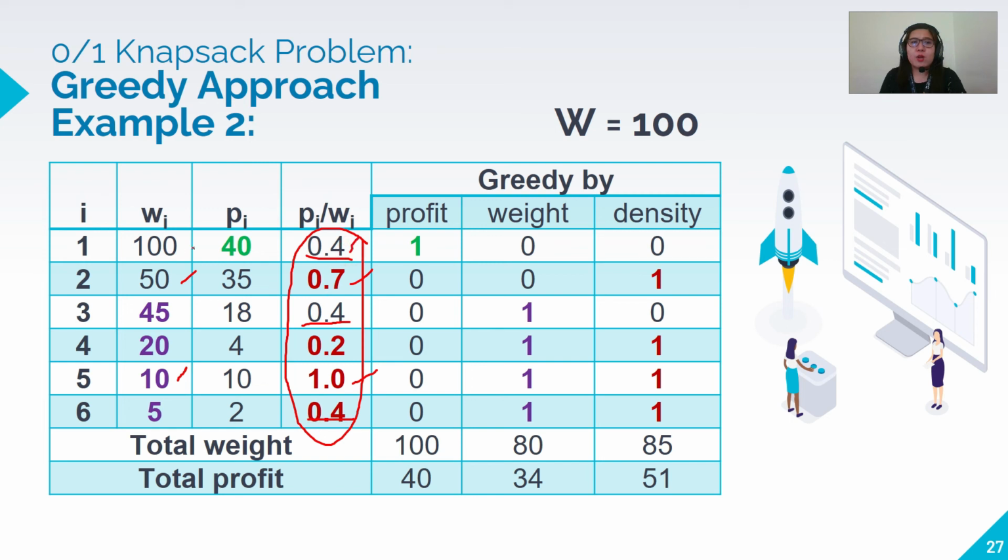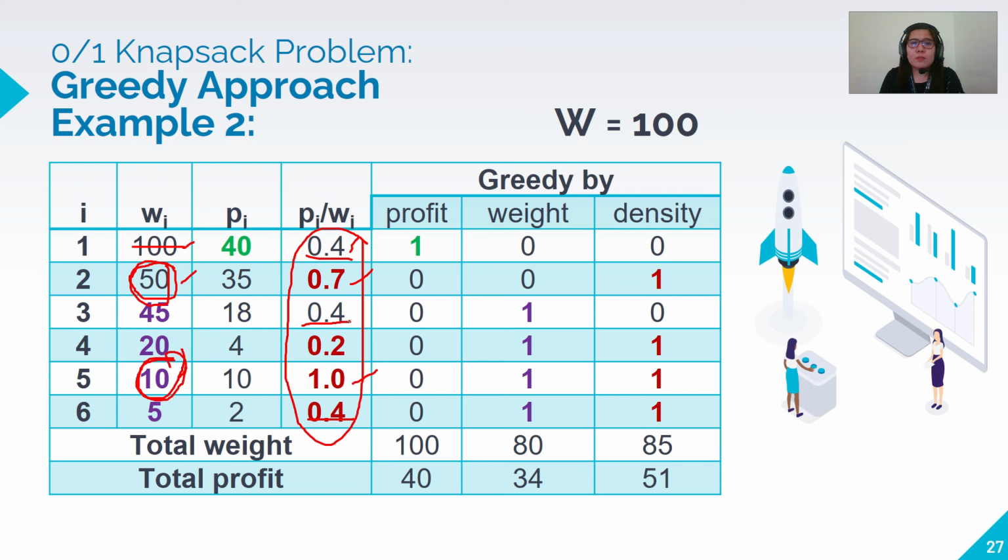For 0.4, ang weight na niya is 100. So, kung papansinin, ang nakuha na natin is 50 and 10. So, that is already 60. So, 100 minus 60, that is 40. So, 40 na lang ang kulang. So, hindi na natin pwedeng kunin ito kasi it exceeds already. Kasi 40 na lang yung kulang.